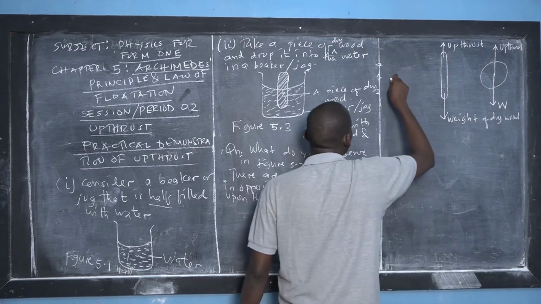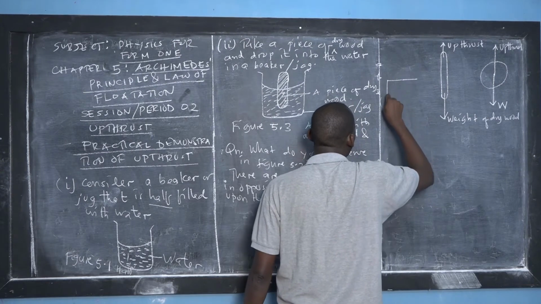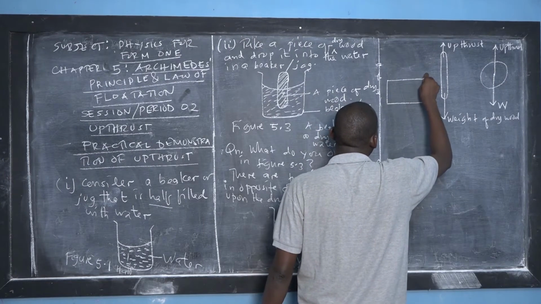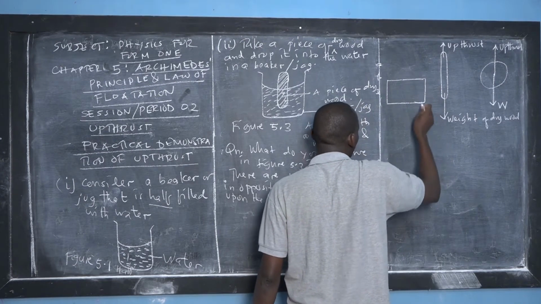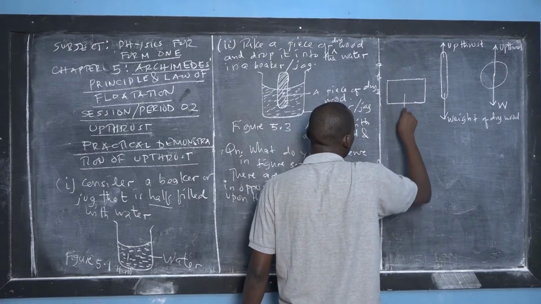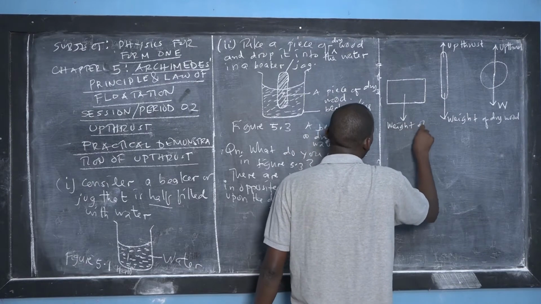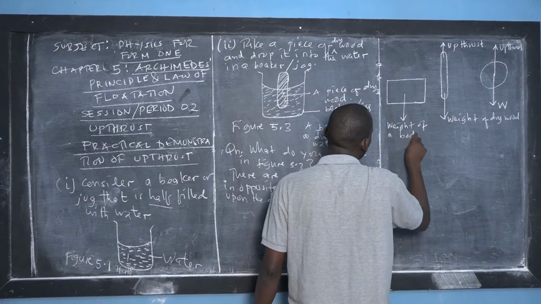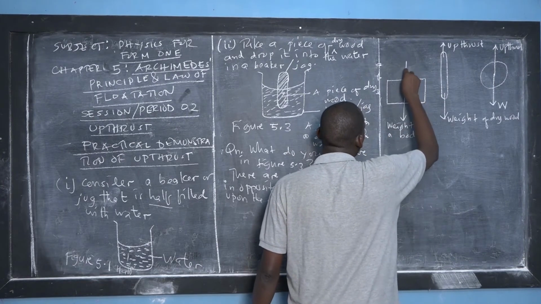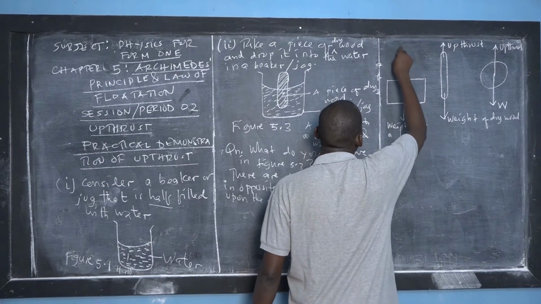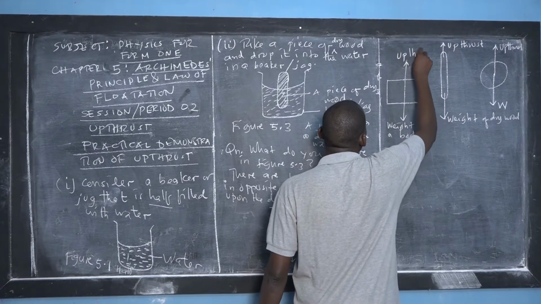So even if we drop maybe a rectangular body, there are two forces that will be acting. The first force is the weight of the body, and then again we have an upward force, which we call in physics upthrust.